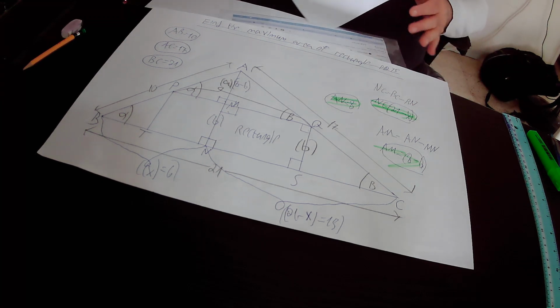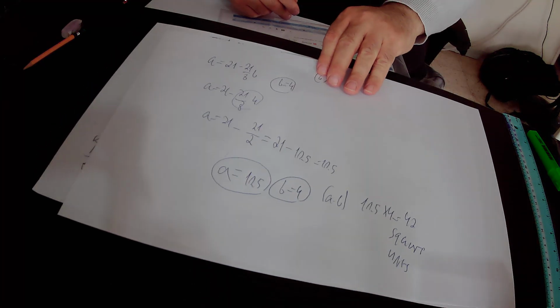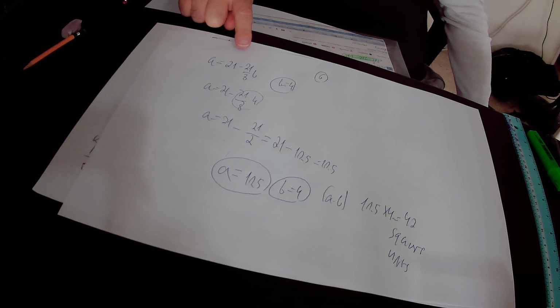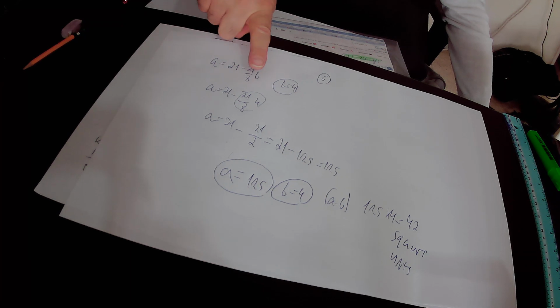And then the width of rectangle PQST when the area equals 42 square units: the width is b, and the length is 21 minus 21 over 8 times b, and b is 4, so we have to substitute b by 4. So the length a equals 21 minus 21 over 8 times 4.